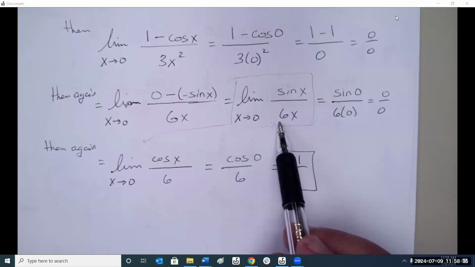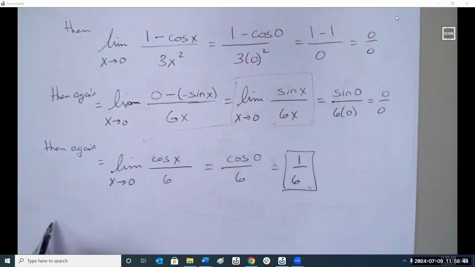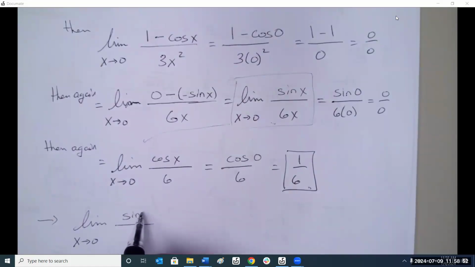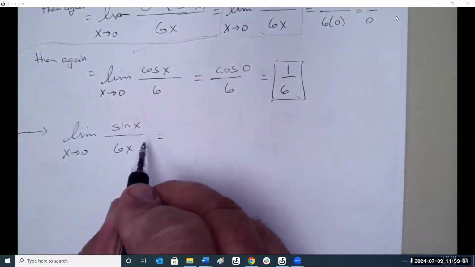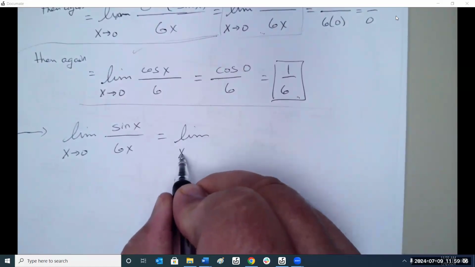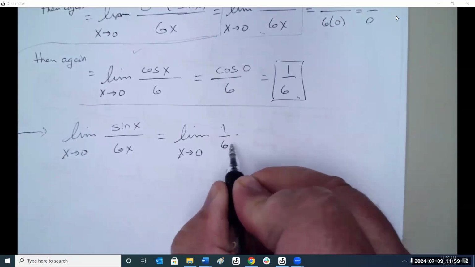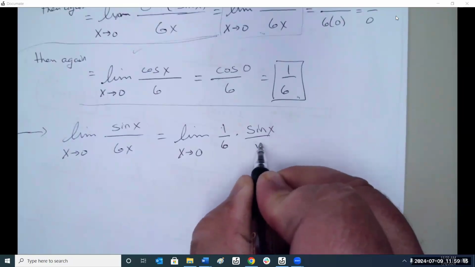Okay, remember I told you here we could have stopped and gotten the same answer. Anybody know how? We had the limit as x approaches 0 of sine x over 6x. Now, we can rewrite this as 1 over 6 times sine x over x.